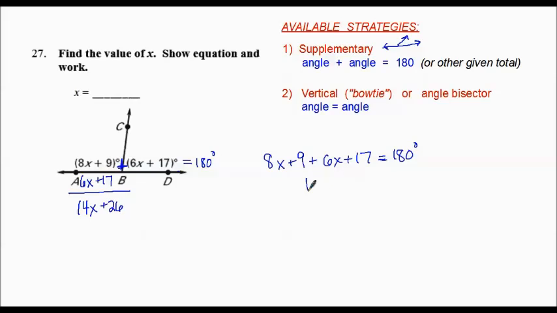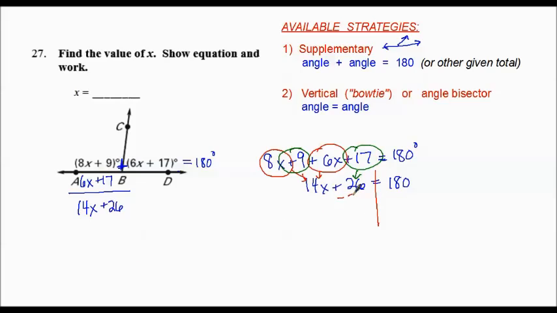So you can always write 14x plus 26 is equal to 180. If you were to combine the like terms here, the 8x plus the 6x, that's where the 14x comes from, and you combine the 9 plus the 17 to produce the 26. So either way, you get the same answer.